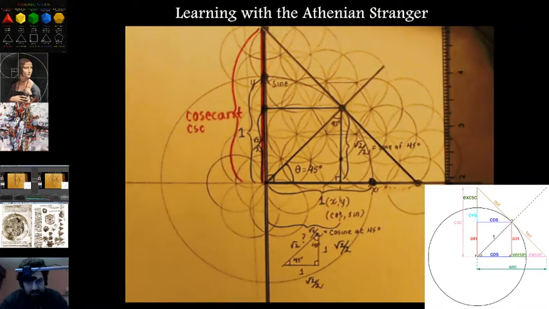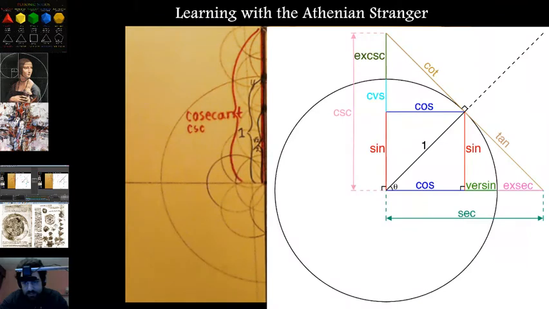Let me bring that up a little bit. Cosecant. So this distance here from the top of the unit circle to the point where the tangent hit the y-axis, that's the x secant.